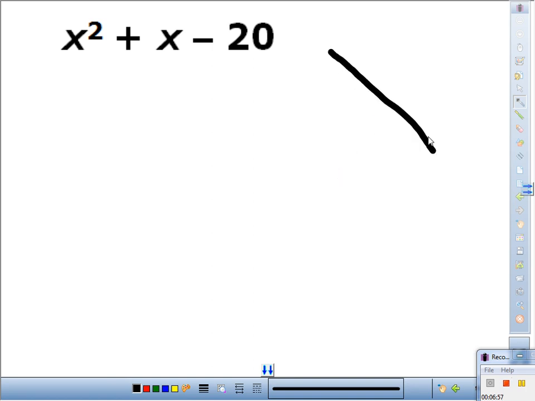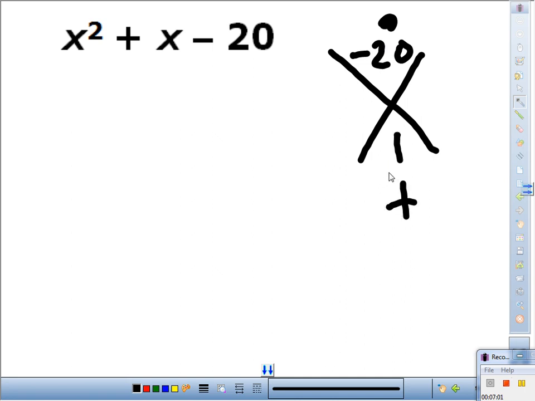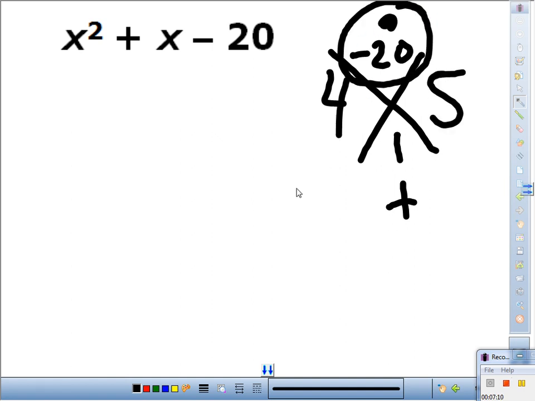Power Rangers, -20, 1. Factors of 20 that add or subtract to give us 1: 4 and 5. But this tells us that one of them is negative. Now look up, please. This bottom one always tells us the sign of the biggest of the two numbers. What is the sign of 5?